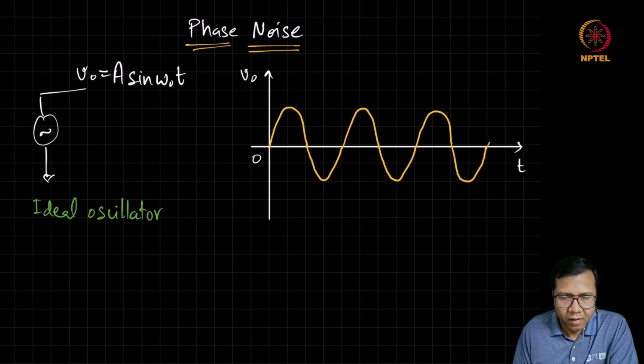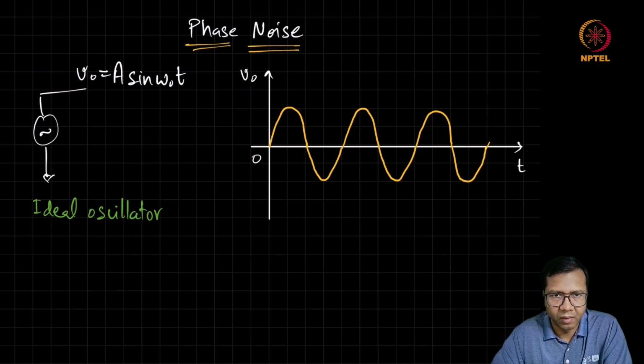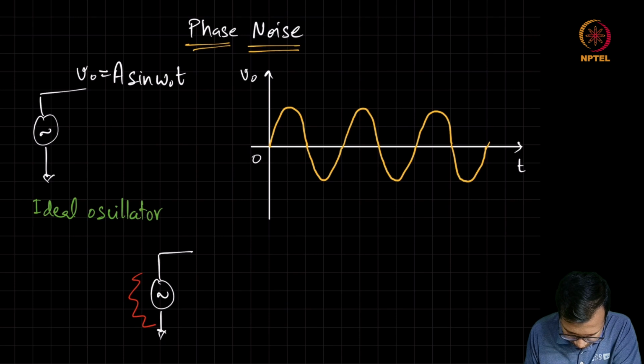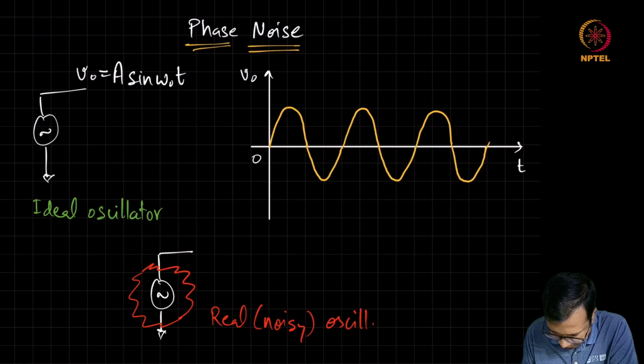In reality, this oscillator will be composed of various electrical components, which we have already seen, and those electrical components will also be adding their own electrical noise. This is a real, noisy oscillator.